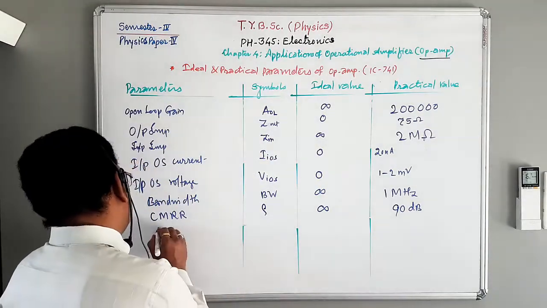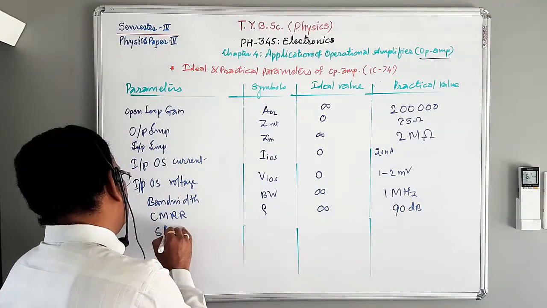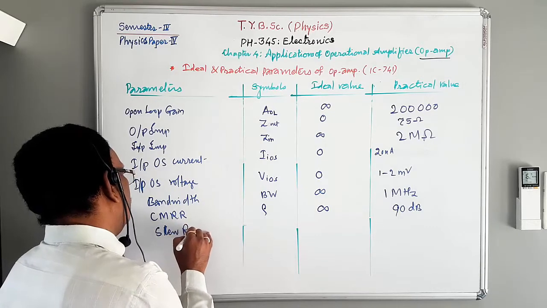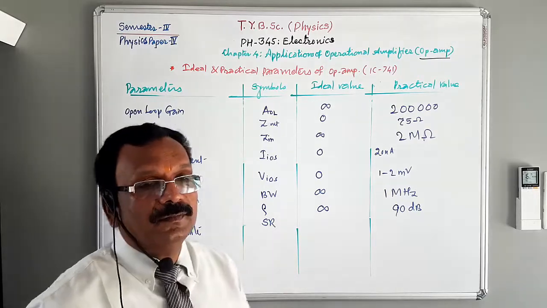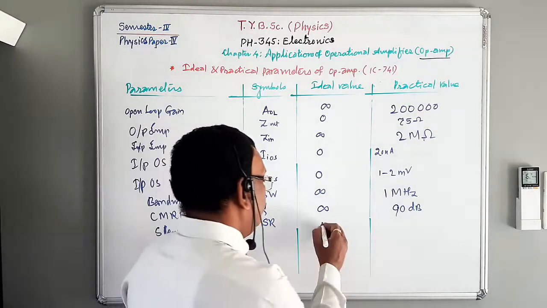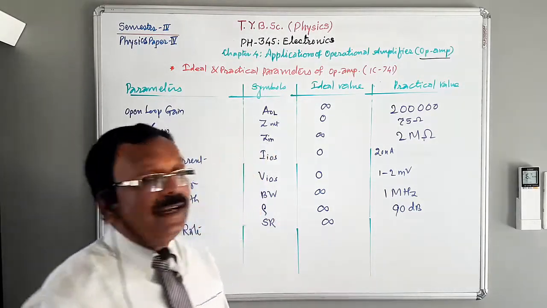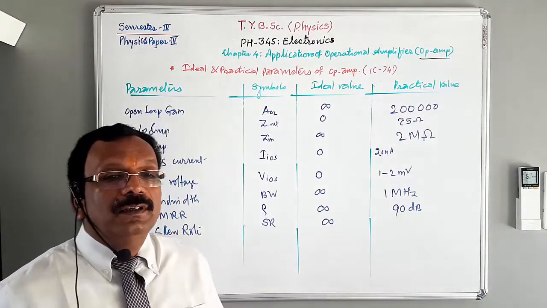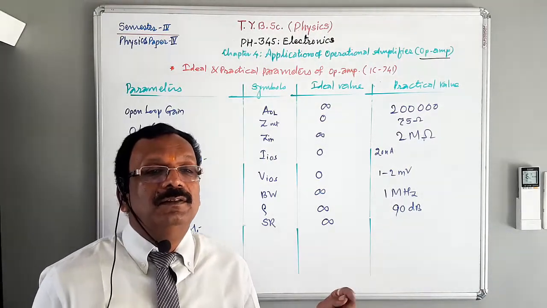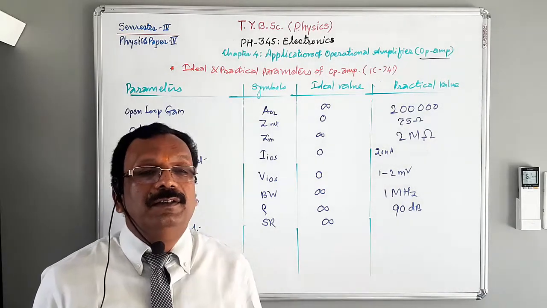Then slew rate. Symbol is SR. Slew rate is infinite for an ideal op-amp.